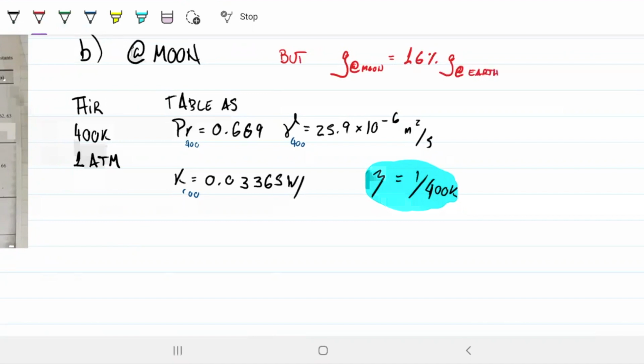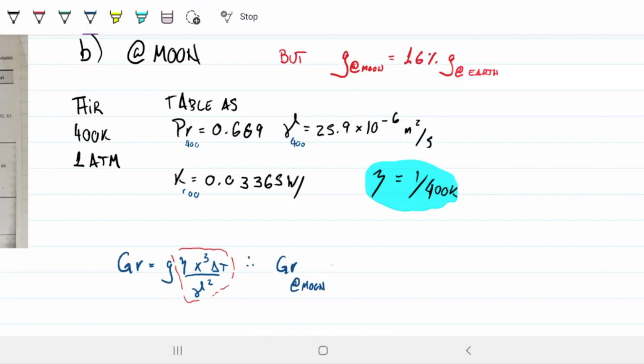When I calculate Grashof, everything will be the same except for my gravity. These guys are all the same. The only thing that changes is my gravity. So I can conclude that the Grashof at the moon equals 16% that of Grashof Earth.